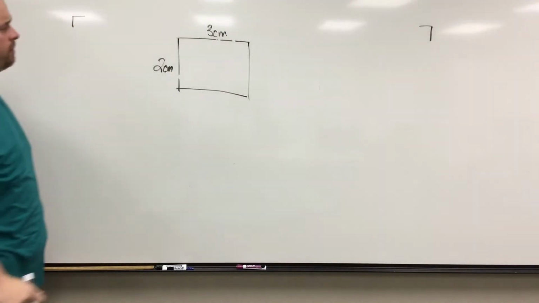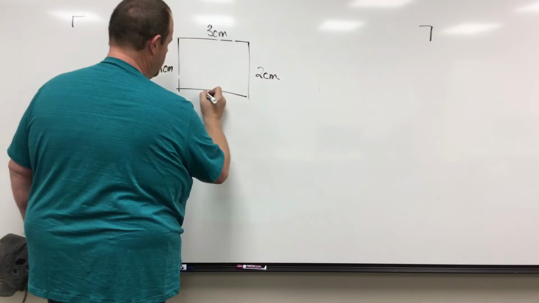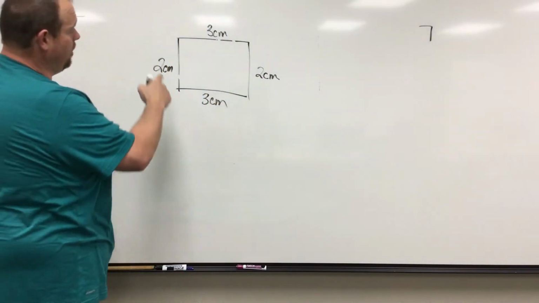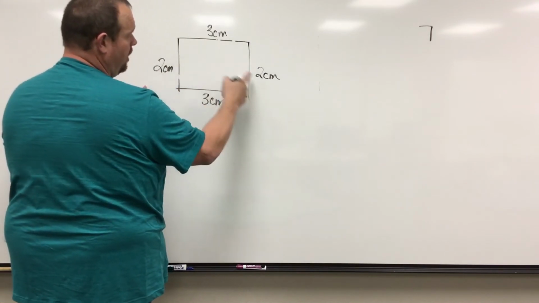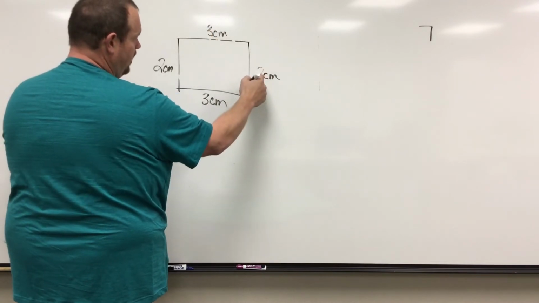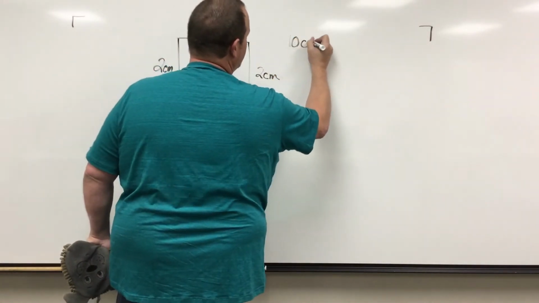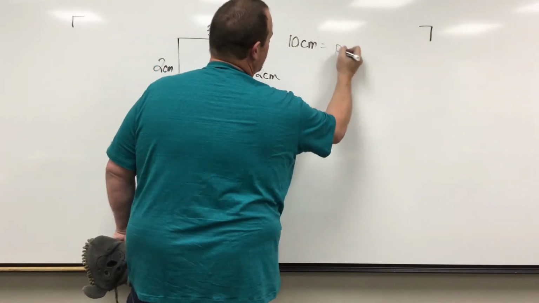So, if I did perimeter, I would add 2 plus 3, which is 5, plus 2 plus 3 is 5. So 2, 3, 4, 5, 6, 7, 8, 9, 10. So 10 centimeters would be my distance around. That would be my perimeter, okay?